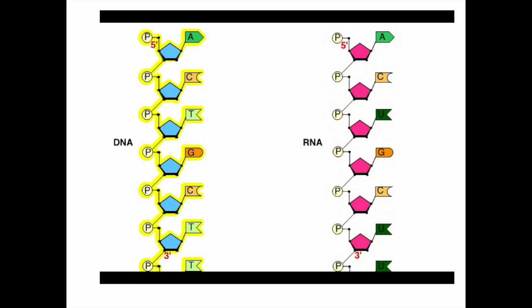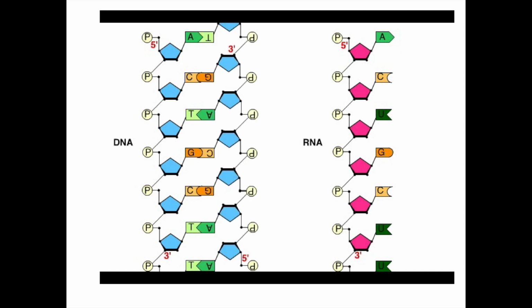DNA, on the other hand, consists of 2 polynucleotide chains. The 2 DNA chains, or strands, are oriented in opposite directions and held together by hydrogen bonds between the nitrogenous bases on opposite strands. Because of their sizes, shapes, and arrangement of polar groups, the DNA bases form complementary pairs.